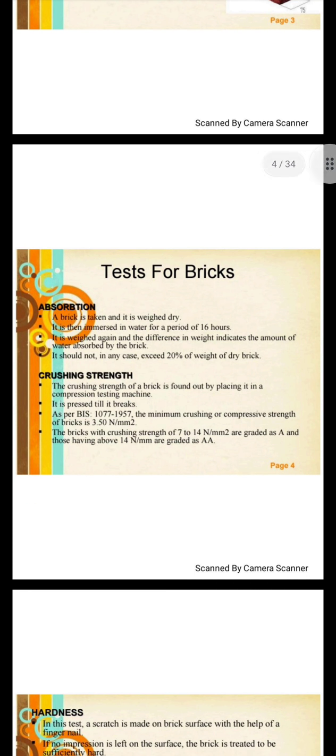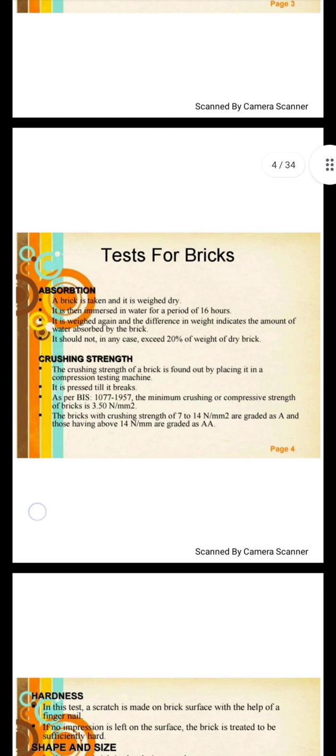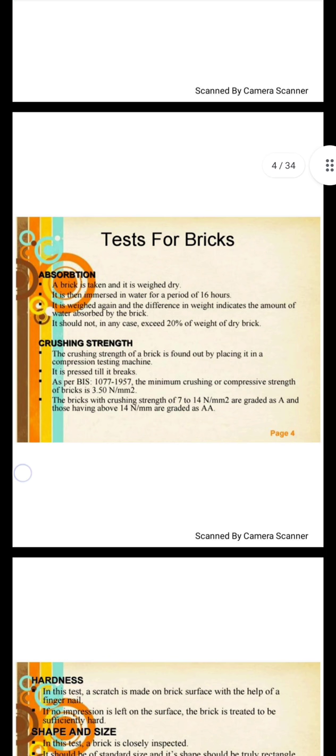Crushing strength. How should we measure the crushing strength of a brick? First of all, the crushing strength of a brick is found out by placing it in a compression testing machine, a machine by which we measure the crushing strength of brick. Second, it is pressed till it breaks.